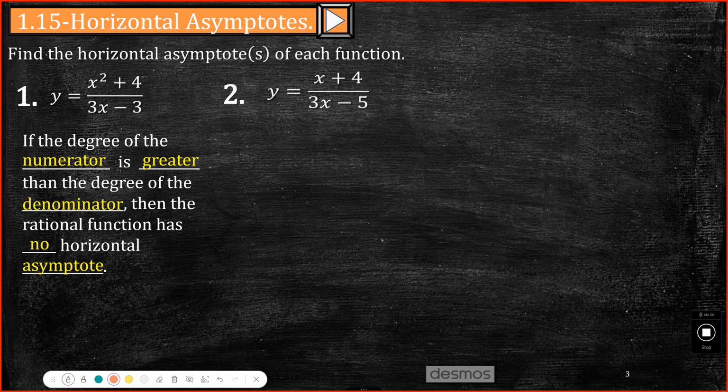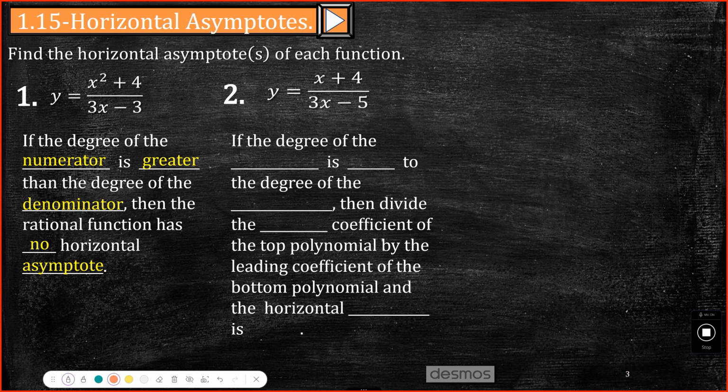How about when the numerator and the denominator have the same degree? If the degree of the numerator is equal to the degree of the denominator, as with x to the 1 and 3x to the 1 power, then divide the leading coefficients.